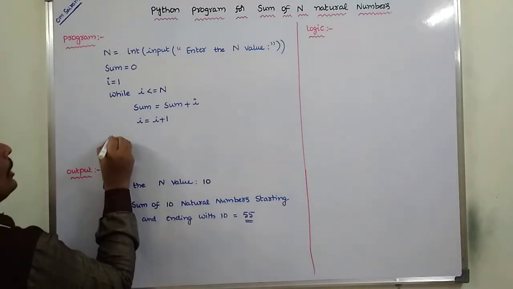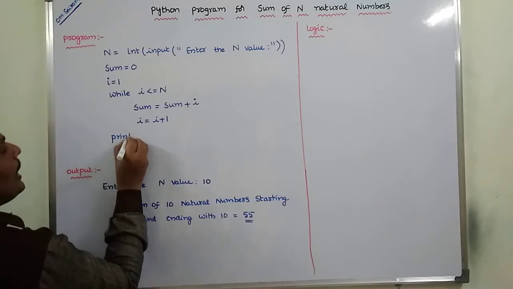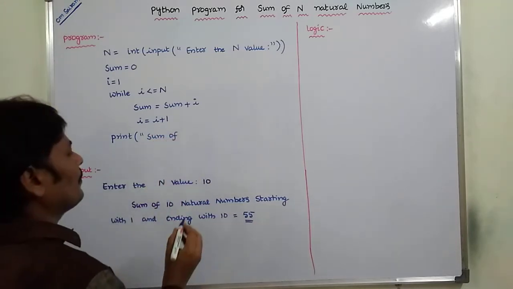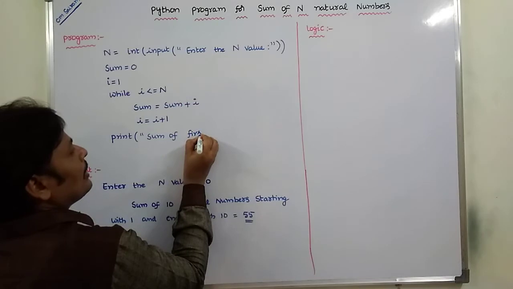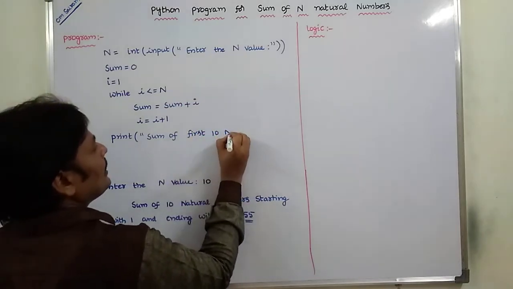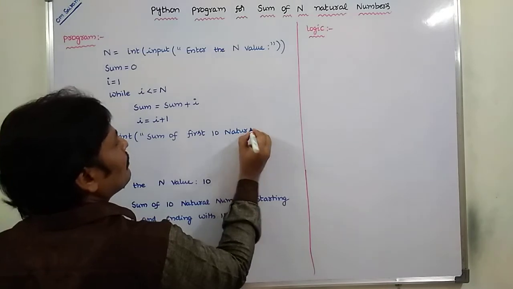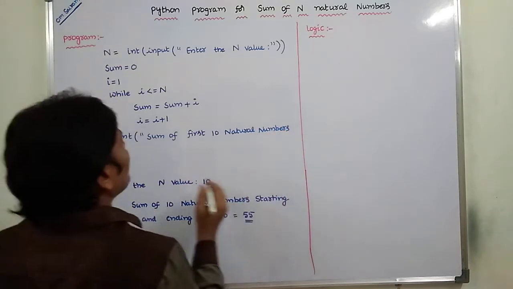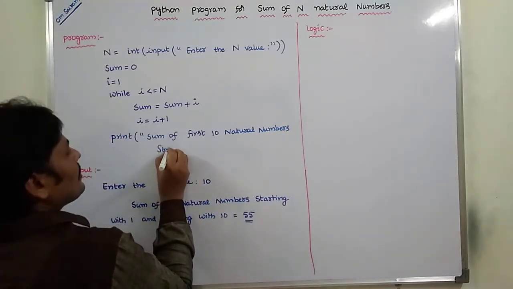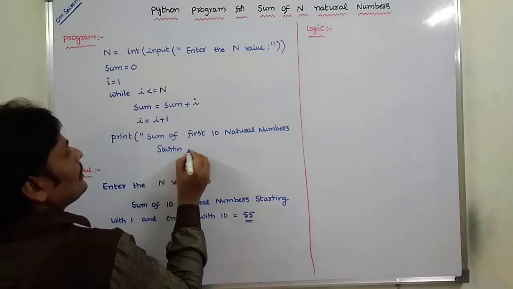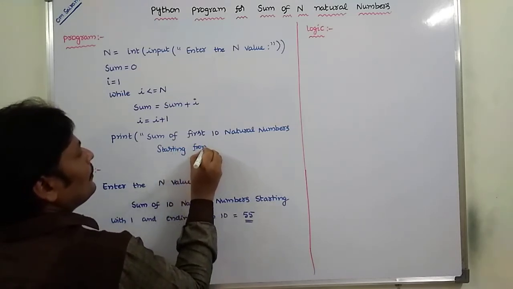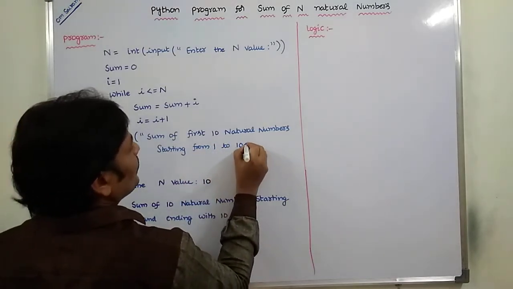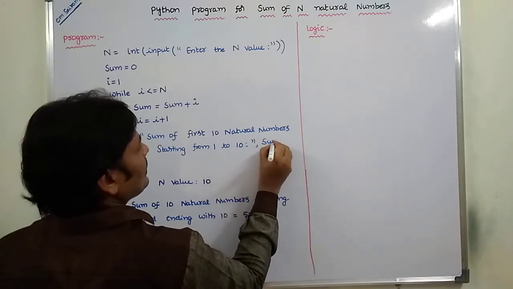Okay. After the while loop, next print "Sum of first 10 natural numbers starting from 1 to 10 is equal to", comma, sum value.